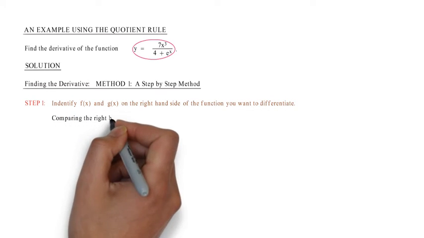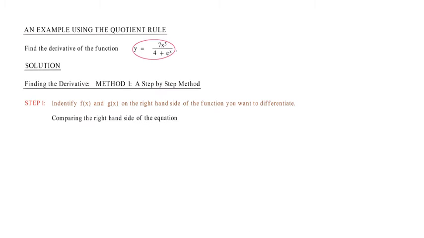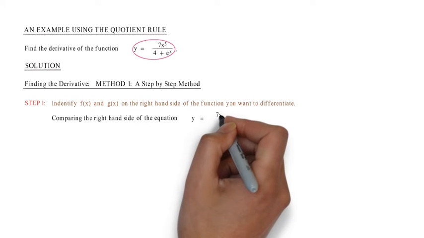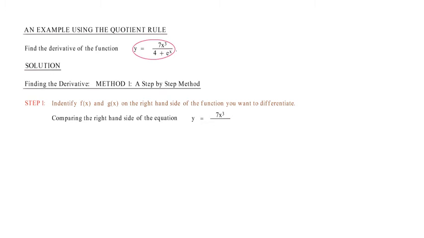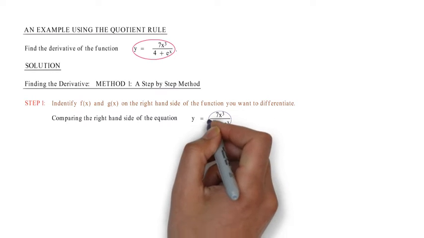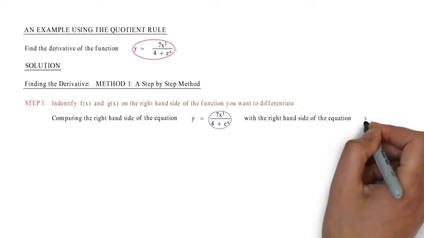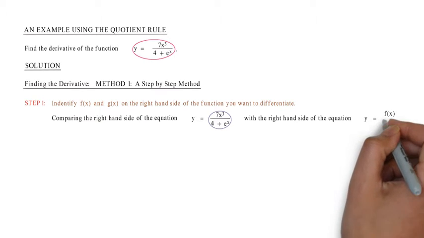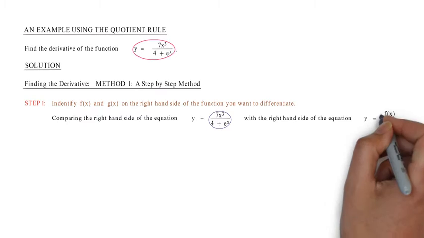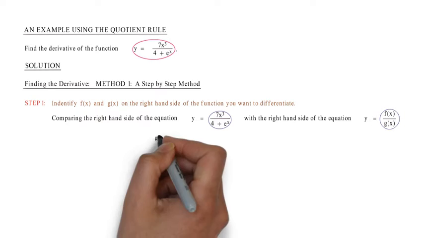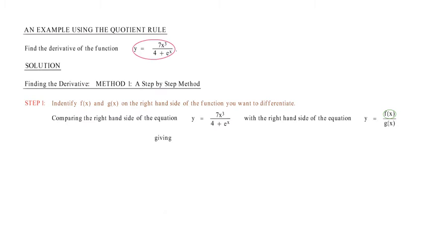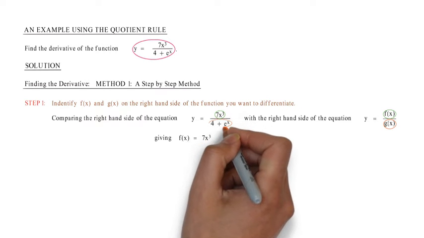Comparing the right-hand side of the equation y equals 7x cubed divided by 4 plus e to the x with the right-hand side of the equation y equals f(x) divided by g(x), giving f(x) equals 7x cubed and g(x) equals 4 plus e to the x.